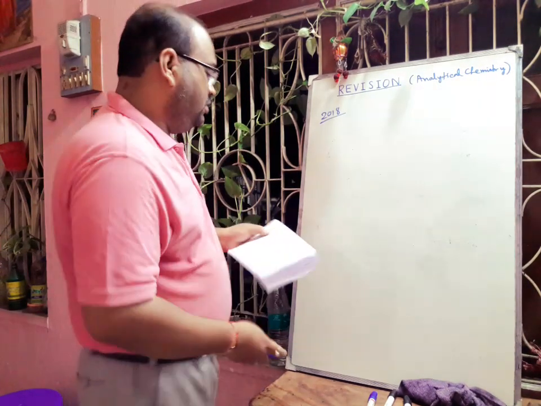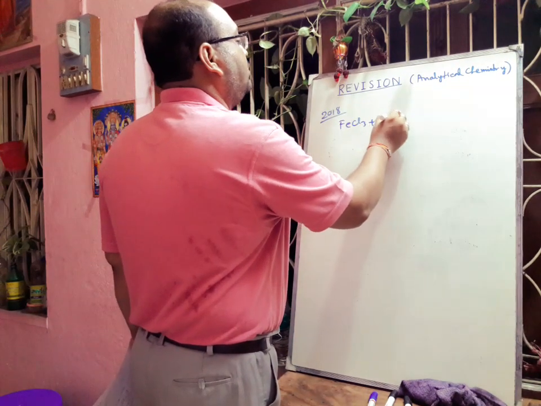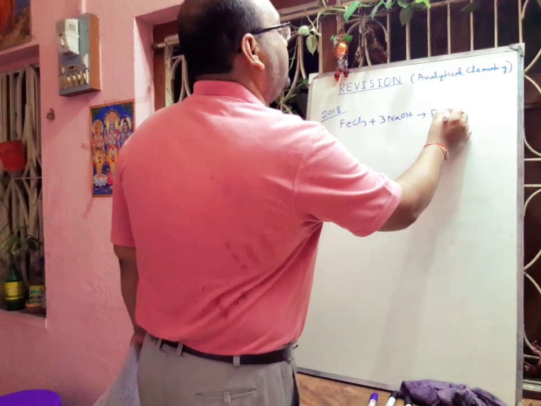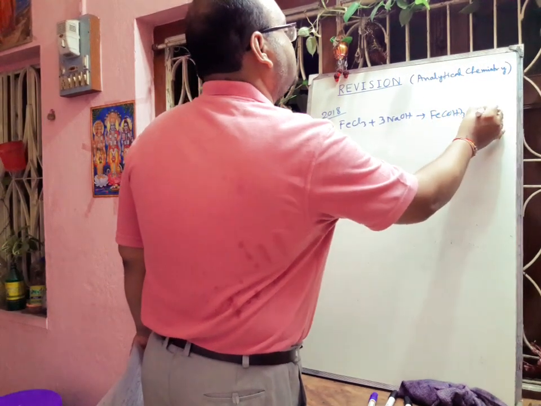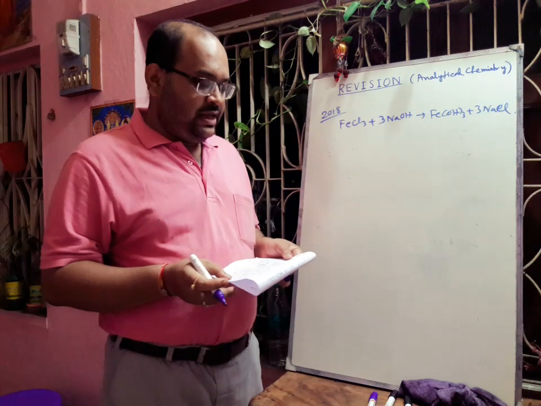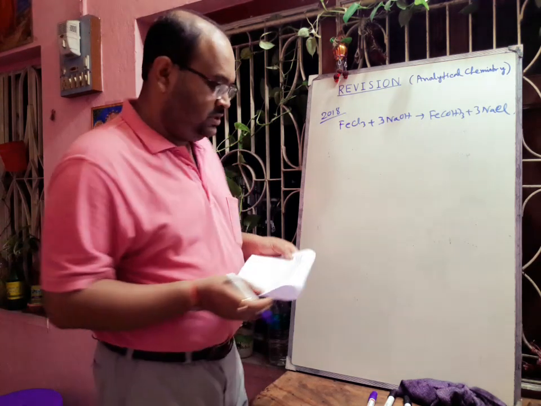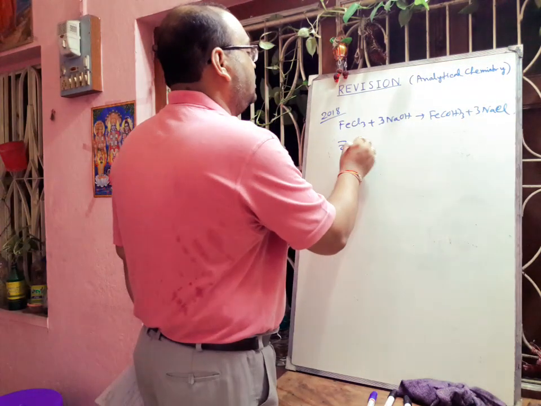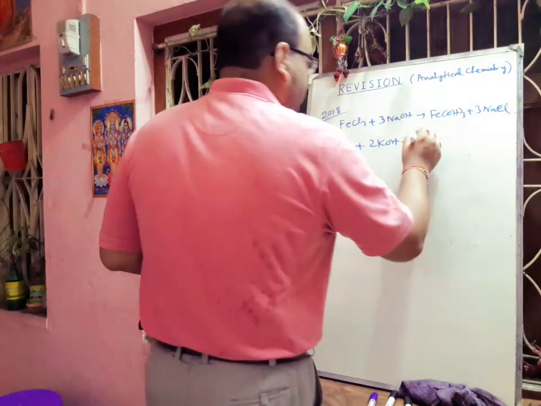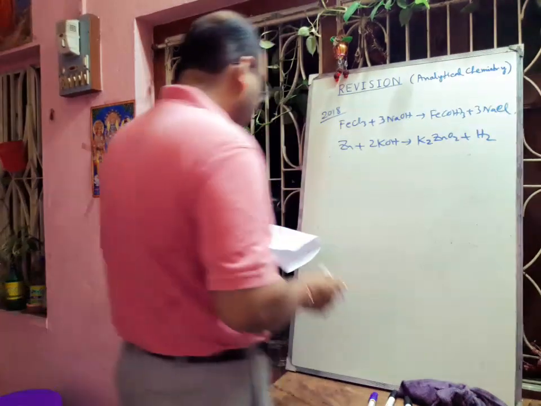So the equation will be FeCl3 reacting with sodium hydroxide solution forming ferric hydroxide plus 3NaCl. That will be the balanced reaction. Next question is the reaction of zinc with potassium hydroxide solution. Zinc will react with potassium hydroxide forming potassium zincate, plus there will be formation of hydrogen gas.